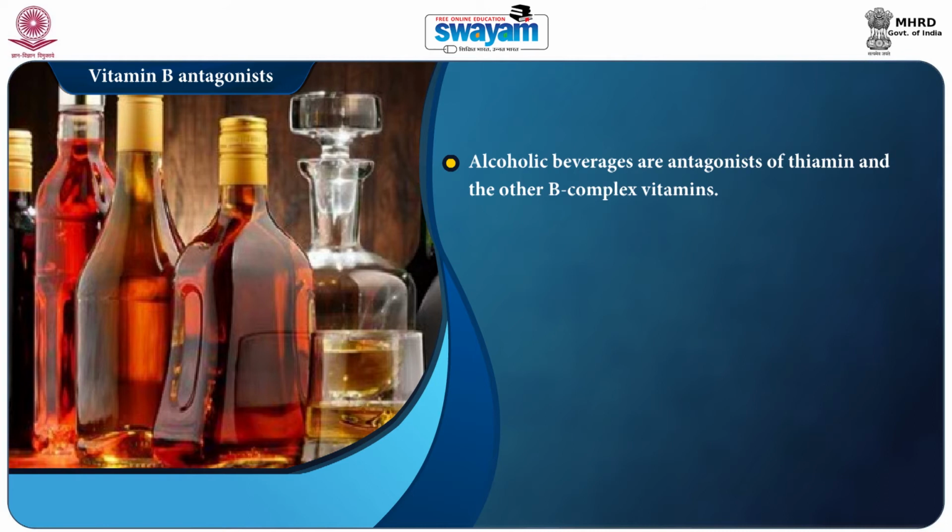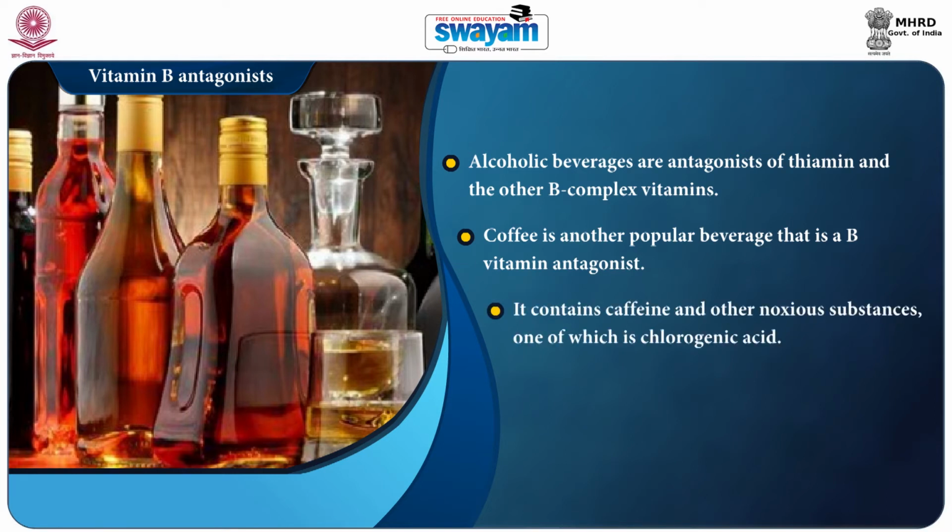Alcoholic beverages are antagonists of thiamine and other B complex vitamins, and coffee is another popular beverage that is a B vitamin antagonist because it contains caffeine and other noxious substances, one of which is chlorogenic acid.